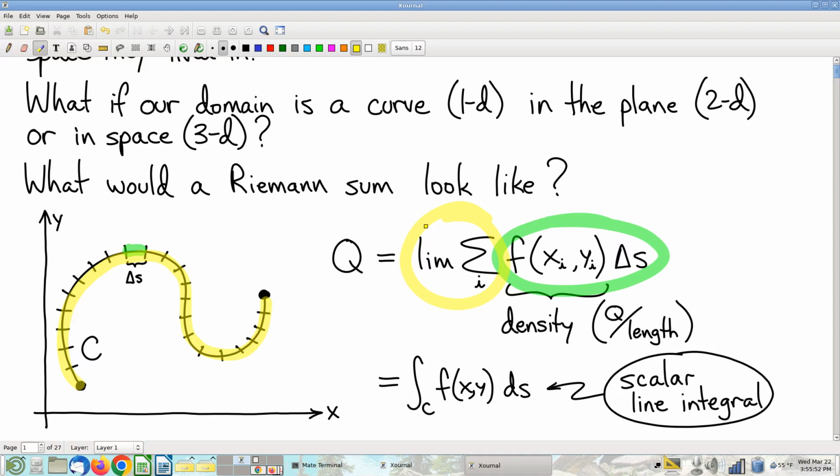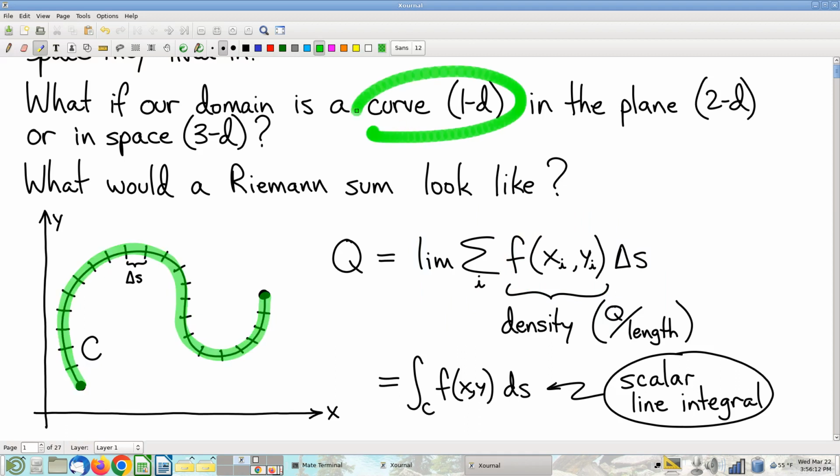So just, broad strokes, strategically chop it up, add it up, totally makes sense on a curve in the plane. Now, again, I claim this is a brand new scenario. Single variable integrals don't address this. Double integrals don't address this. After all, my domain is intrinsically one-dimensional. There's no area on my curve.